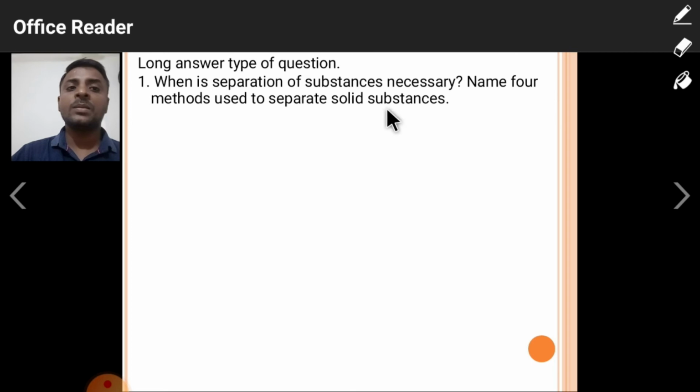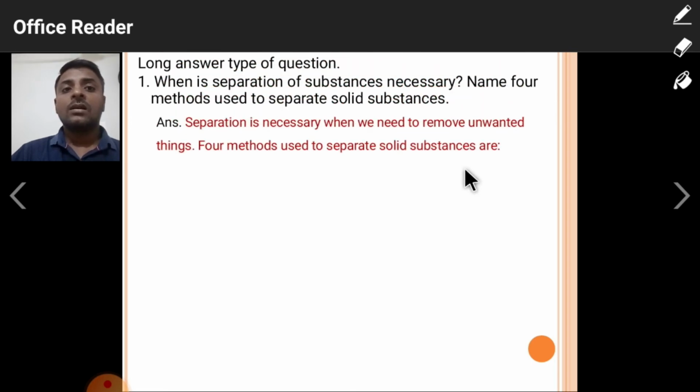But when is the separation of substances necessary? Answer. Separation is necessary when we need to remove unwanted things.